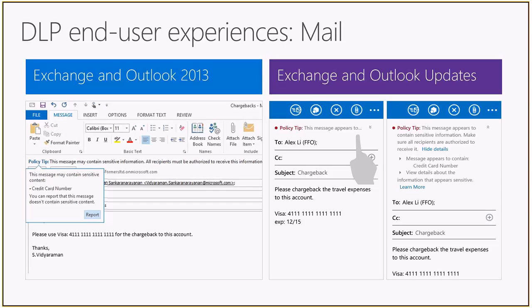So if a user goes into a SharePoint library and opens up a Microsoft Word document, and you have a DLP policy that anything in that library needs to be encrypted and protected and can't be shared out, when they open it up, they're going to see that right away.